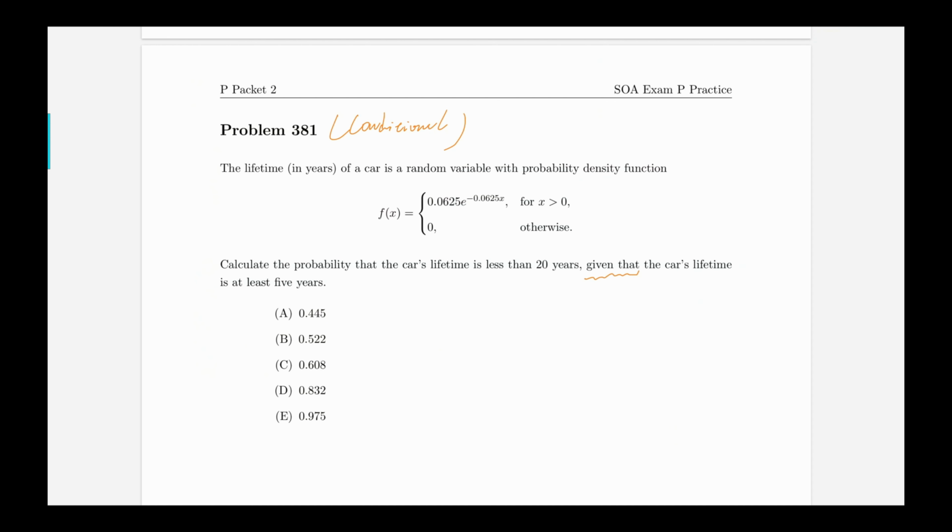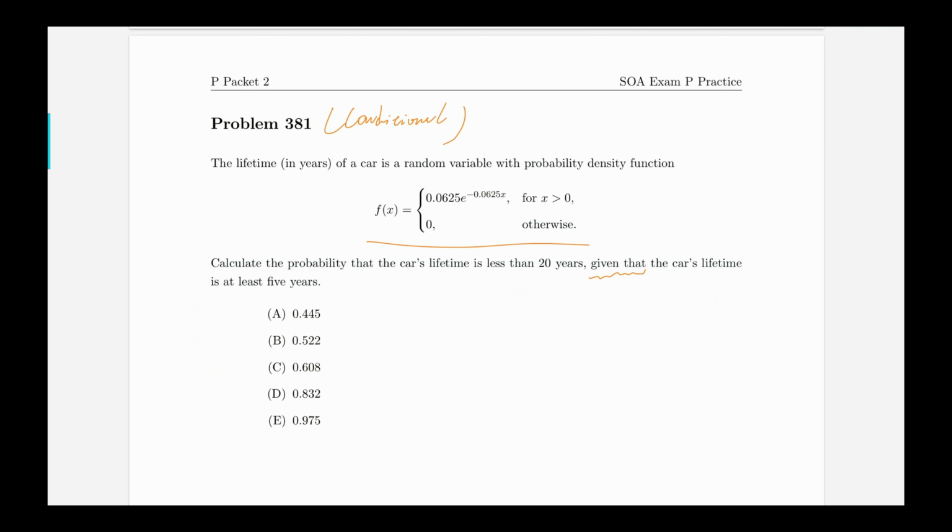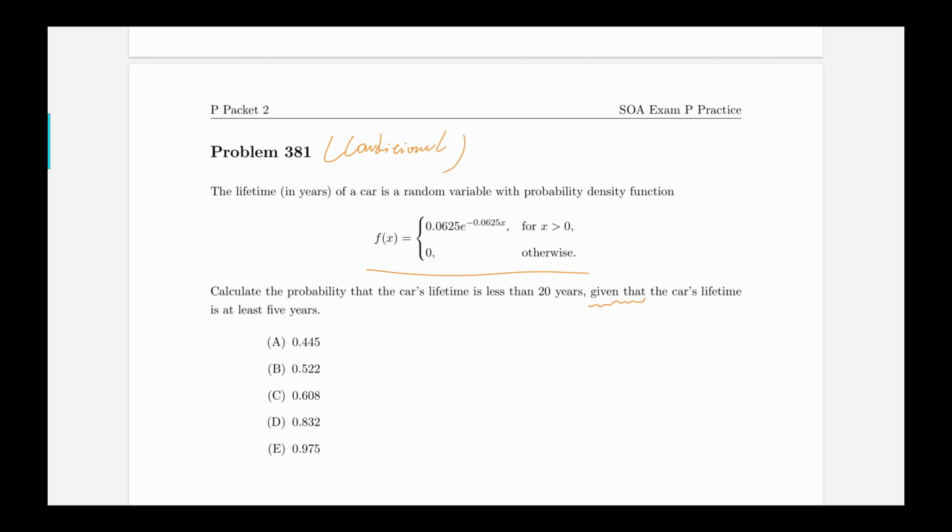Okay, so let's read the question. We have a probability density function for the lifetime of a car. And basically, we want to find the probability that the car's lifetime is less than 20 years. So maybe we can use x to be the lifetime.